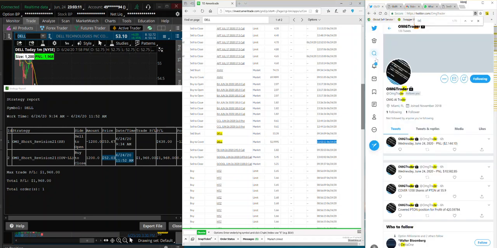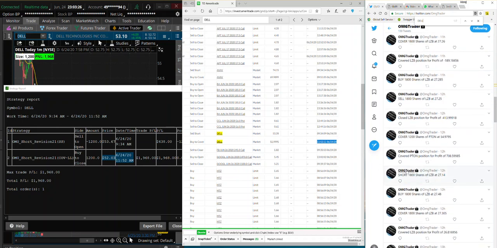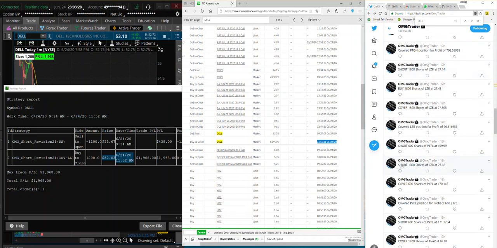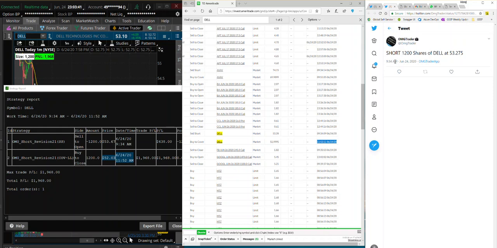People ask me how do I get those signals in real time. Whenever it takes a trade, it's also posting that to Twitter. So if I go and type in Dell, you will see there is a sell short signal, and if I look at the timestamp, it says 9:34.